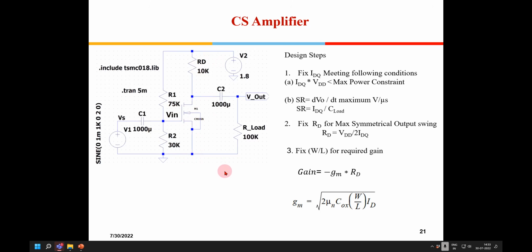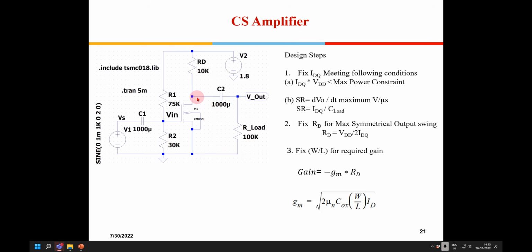Sir, in point 2, when we are finding the maximum symmetrical output swing, here we are assuming that the swing voltage at drain can be from 0 to VDD. Shouldn't it be from V overdrive to VDD for a transistor to remain in saturation region?